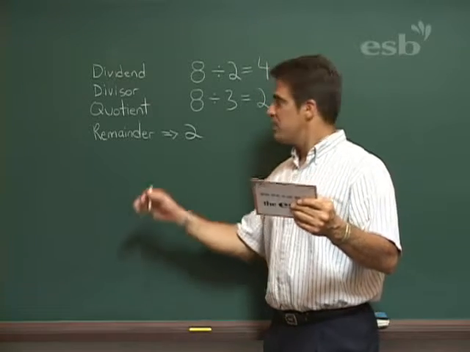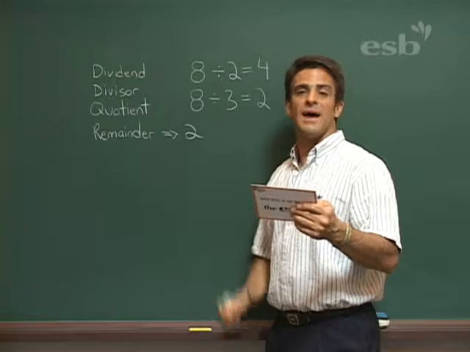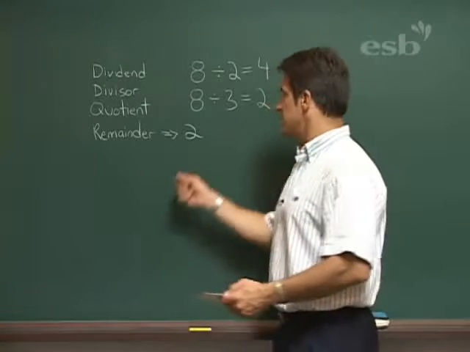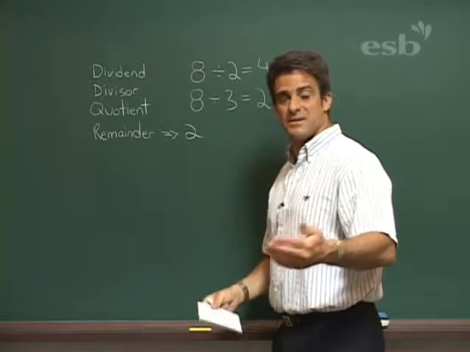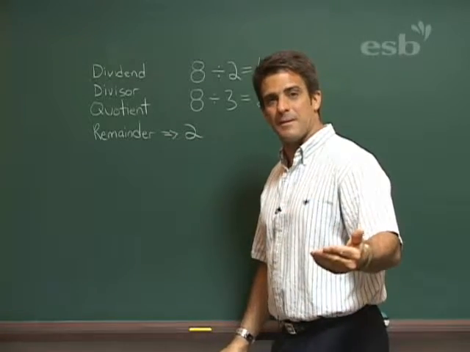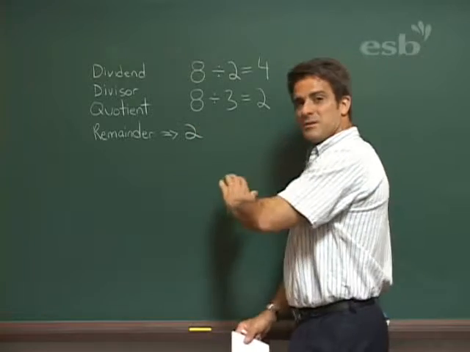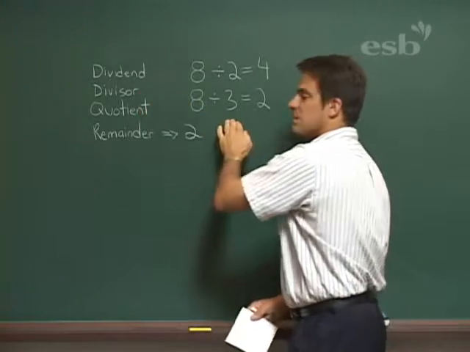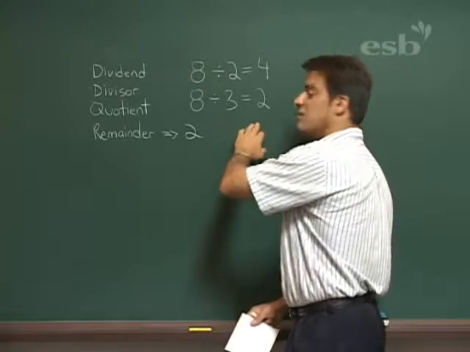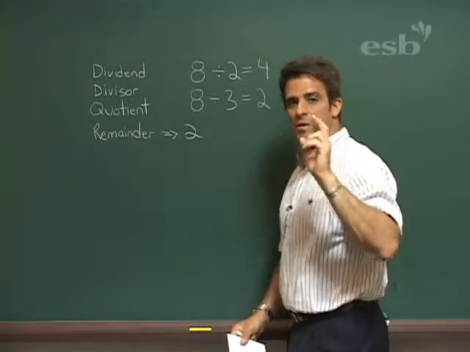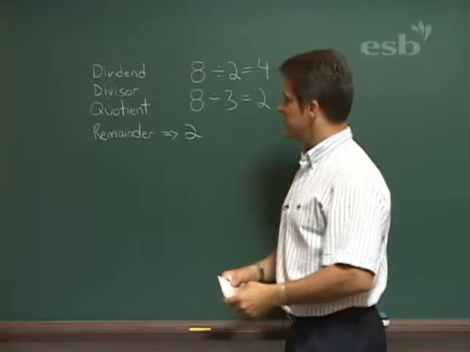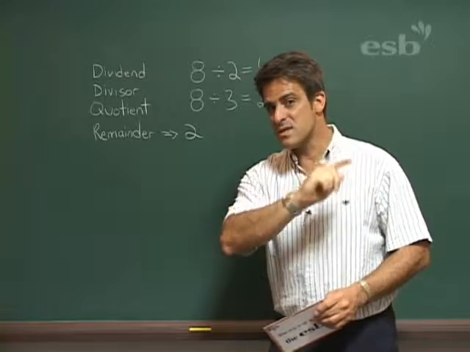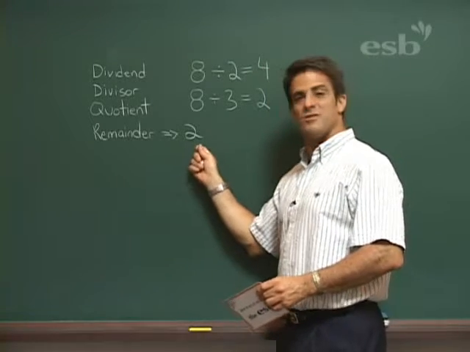A remainder is what is left after you divide numbers. A remainder is the number left, the number remaining. So we divided two numbers, 8 divided by 3. We got an answer. We have a quotient 2, but we have 2 left over. 8 divided by 3 equals 2 with a remainder of 2.